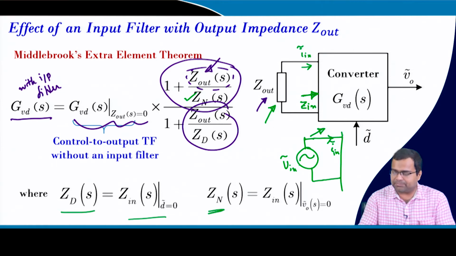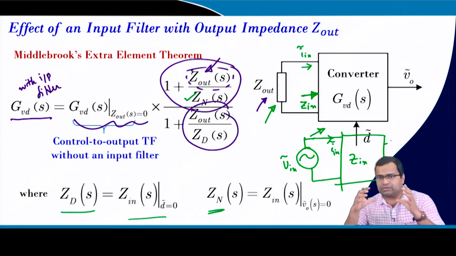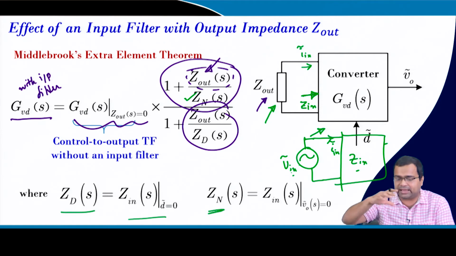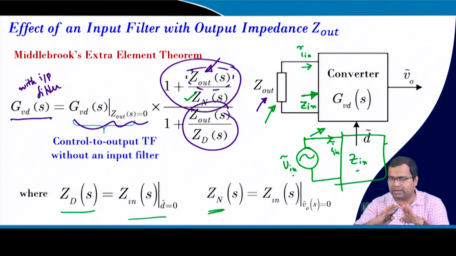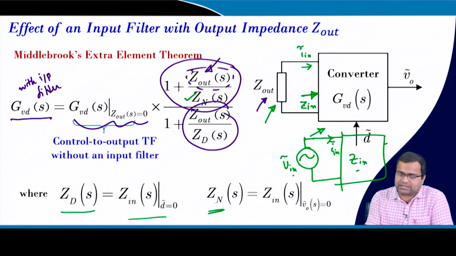Now, it will see an impedance Z in, where we have a closed loop control and we tightly regulate the converter in such a way that the perturbation or the frequency excitation in the input will not be reflected in the output. That means output will be insensitive to the input voltage perturbation. So, this transfer function is called Zn.